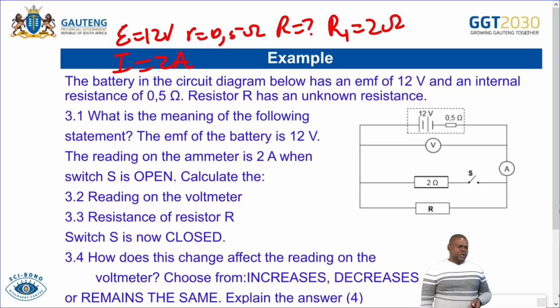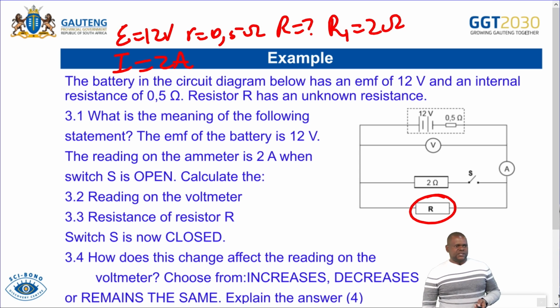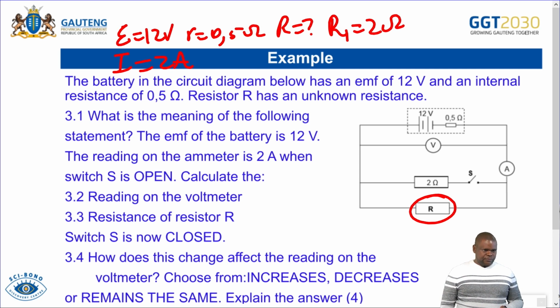Then number 3.3 says calculate the resistance of resistor R. This is what we need to calculate. Then 4 says, how does the change affect the reading of the voltmeter?